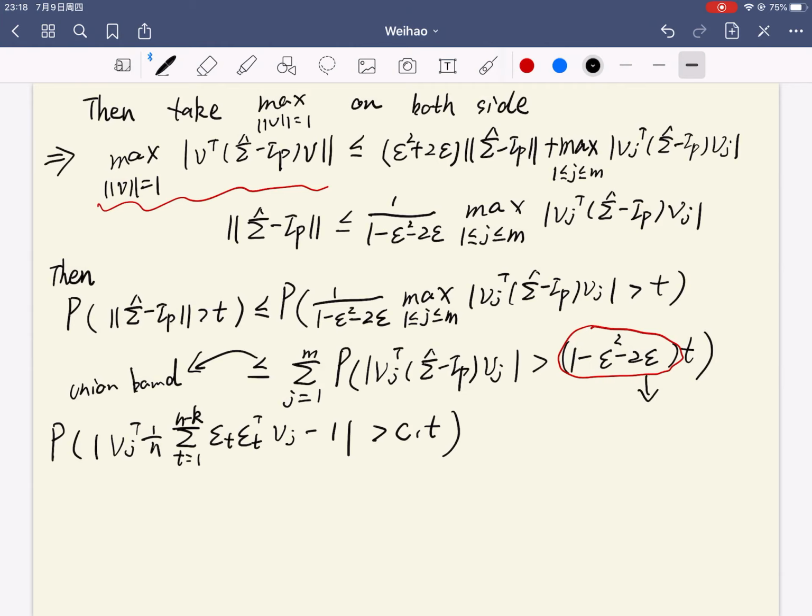We call the 1 minus epsilon squared minus 2 epsilon as constant C1. Since n minus k differs from n just by a constant, we can change this to n.